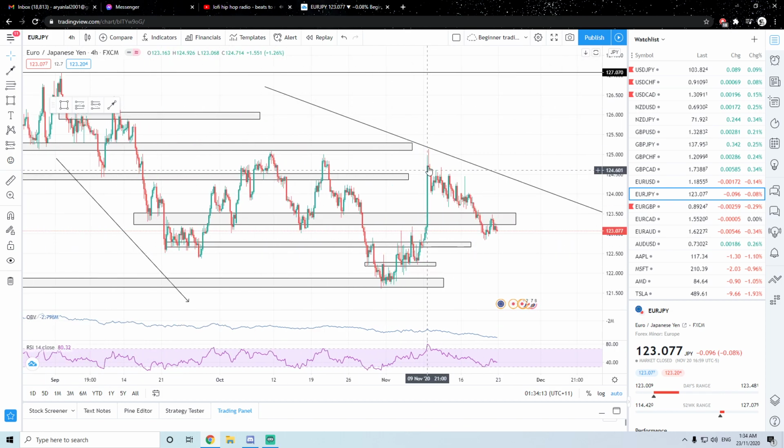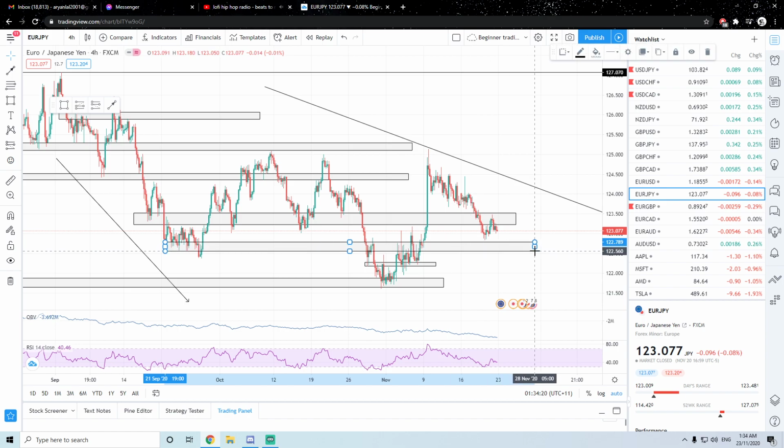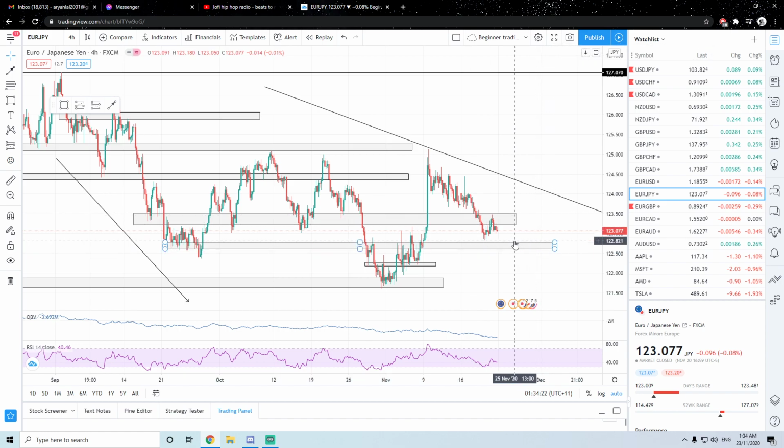We can also see that there was this break just here, it's come back up and retested it, so it could end up coming back down to this level. Now if it breaks this level as well, then that could be a sign to enter on that sell opportunity.